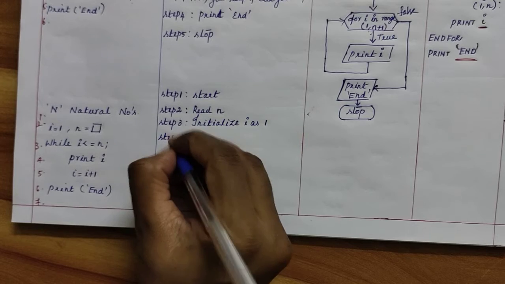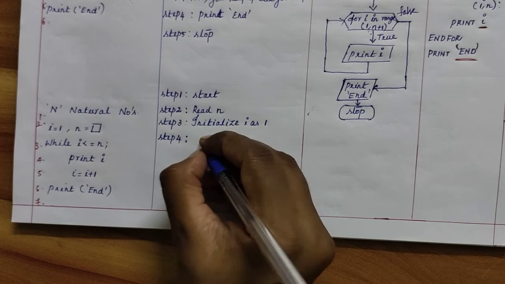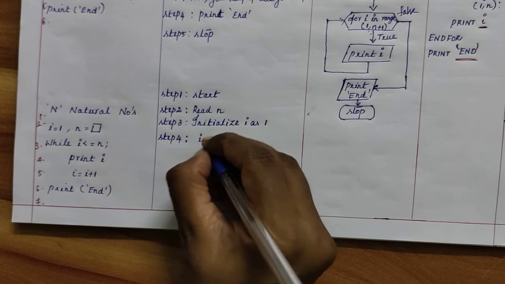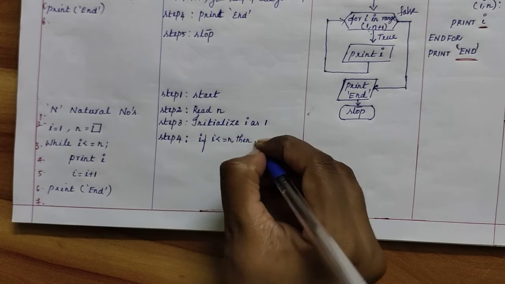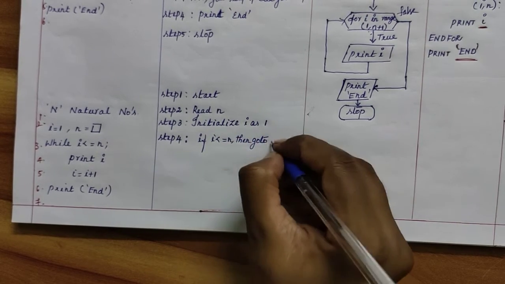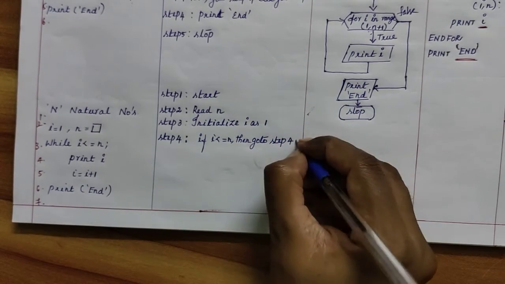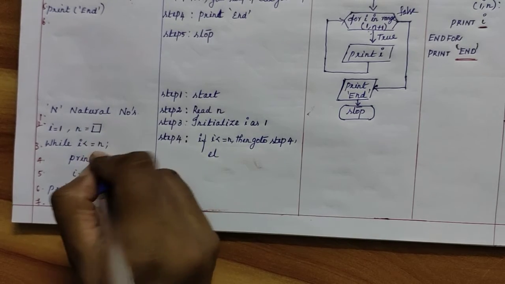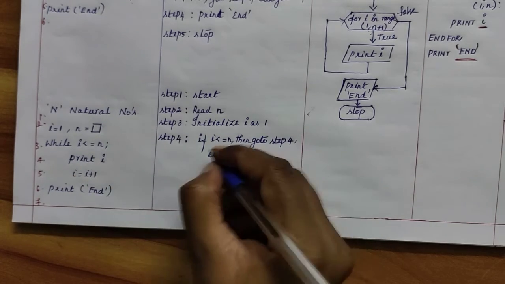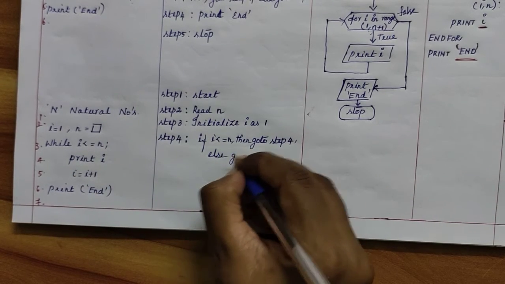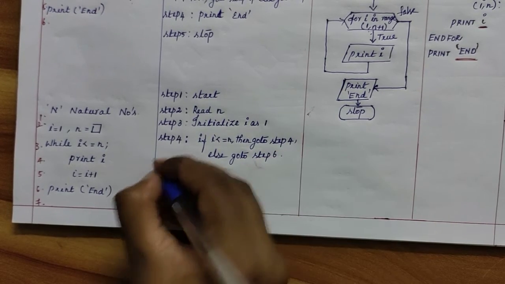Okay, and step 4 is if I is less than or equal to n, then go to step 5, else, that is if this condition is correct we have to come here. If this condition is false we have to go to step number 6.